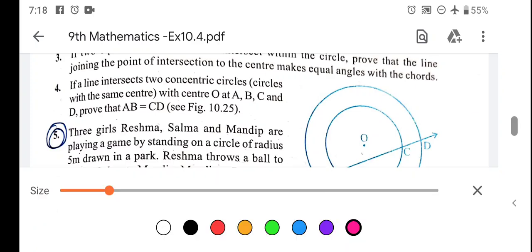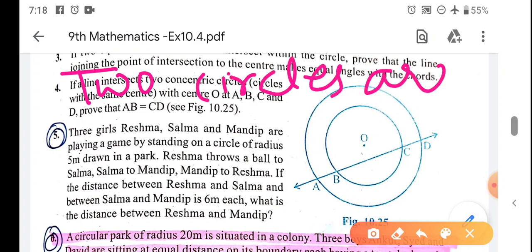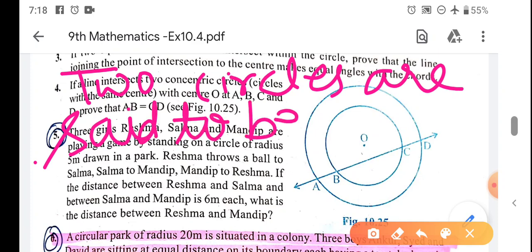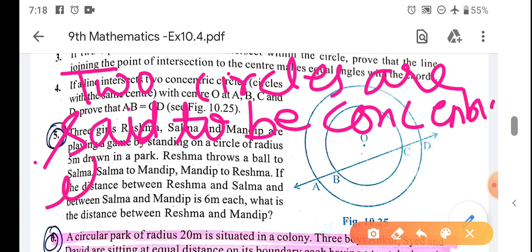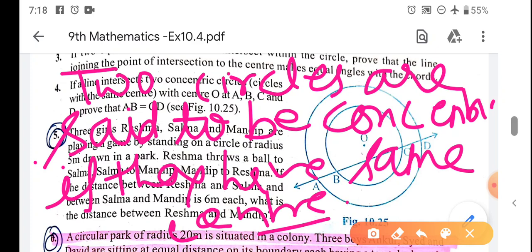Two circles are said to be concentric if they have the same center.